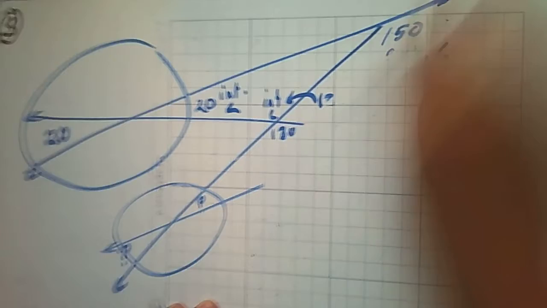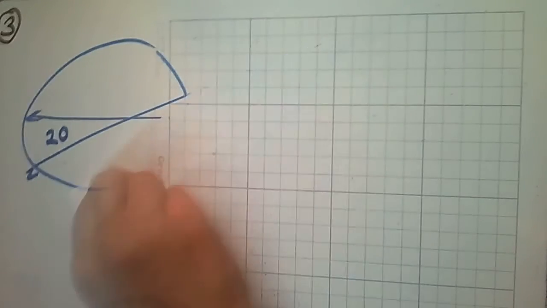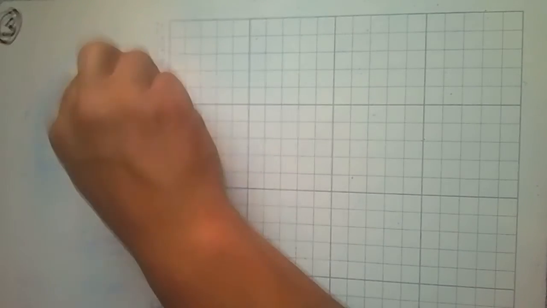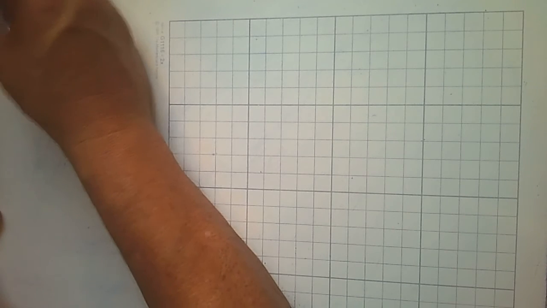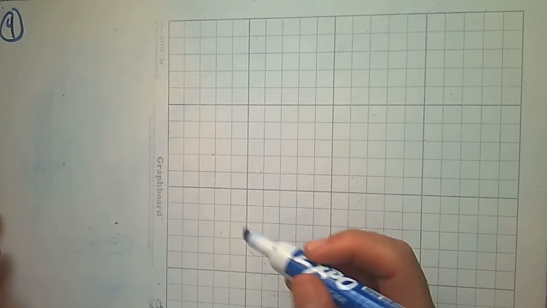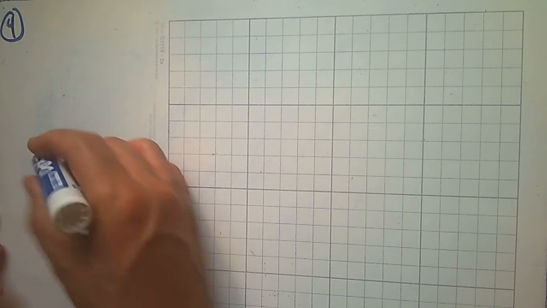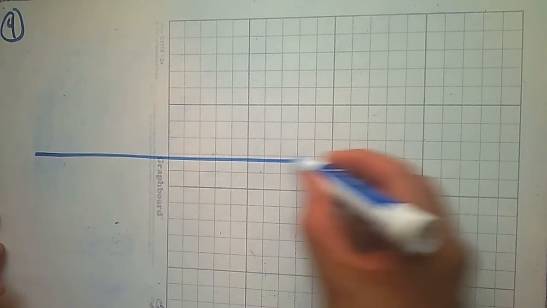Now let me do number 4. So question number 4 is the following. They give you a diagram that looks like this. They give you something that looks like this.